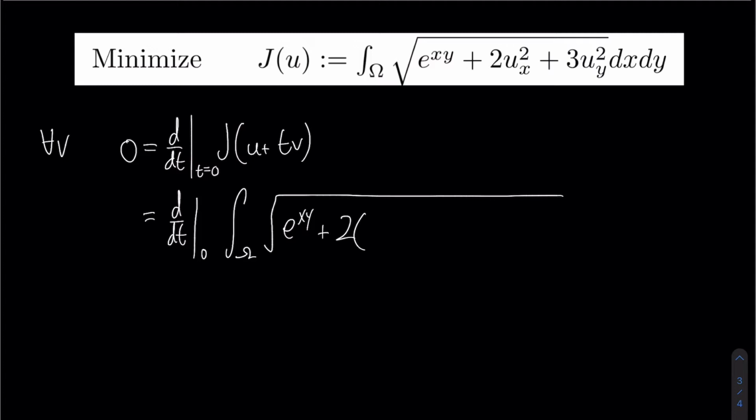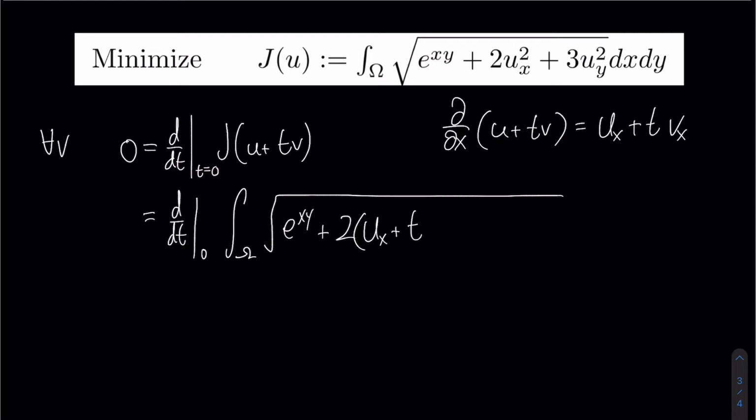So because the partial operator is linear, I can write this as ux plus tvx, right? So inside the parentheses, I'm just going to write ux plus tvx, okay, plus 3 of, using the same reasoning, oh, I have a squared here, uy plus tvy squared, okay, dx dy.